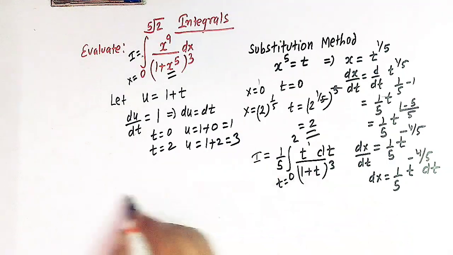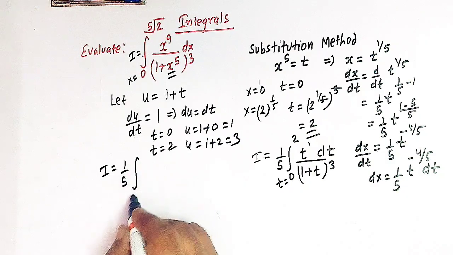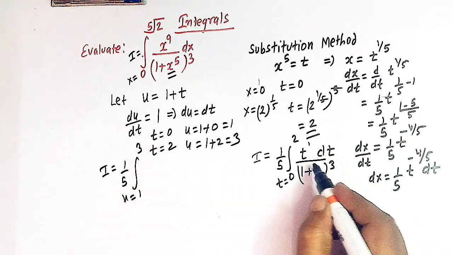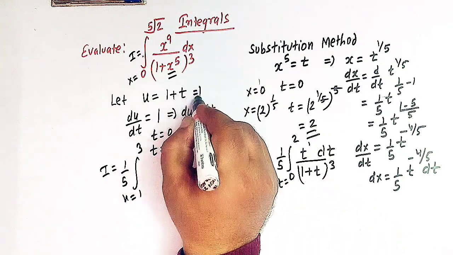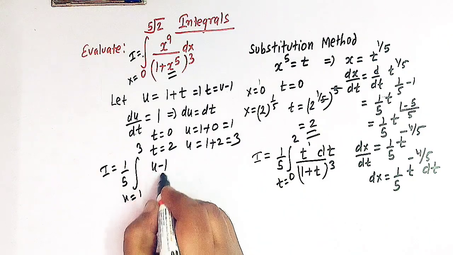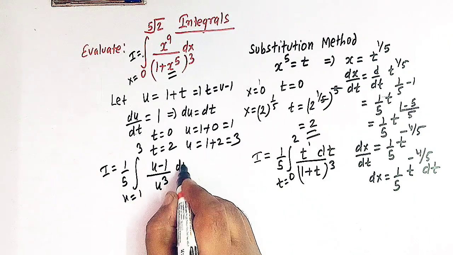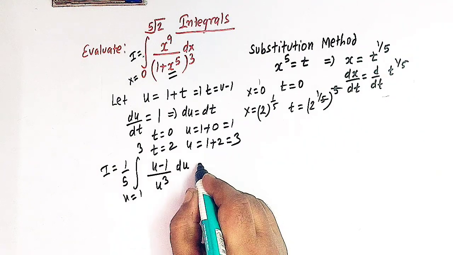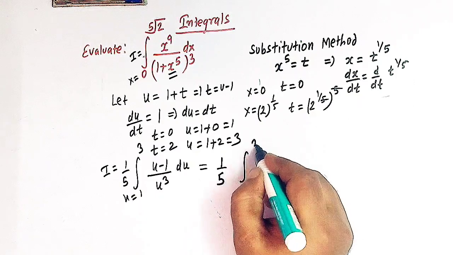So now this integral can be written as 1 over 5, with u varying from 1 to 3, and here t can be written as u minus 1. So we have (u minus 1) over u cube du.